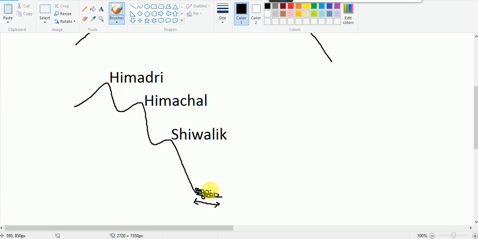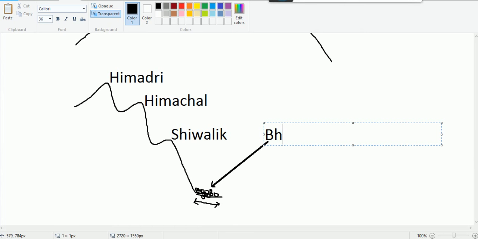And this narrow belt along the foothills of the Shivalik, which is covered by pebbles, is known as the Bhabar. This is what I call the Bhabar belt.